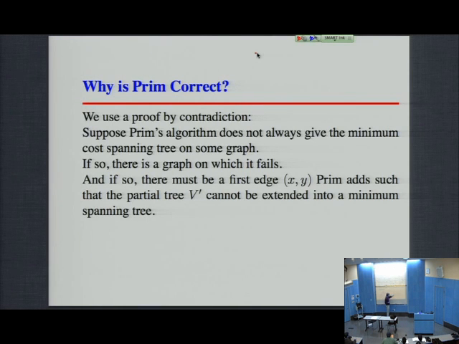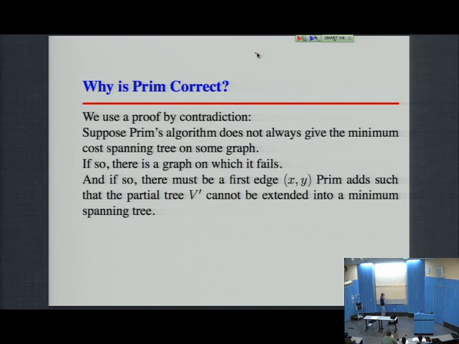The cheapest thing adjacent to me is this. The cheapest thing adjacent to me is this. The cheapest thing adjacent to me is that. Does everybody see that that's what Prim's algorithm is going to do? It's always grabbing the vertex that it can get to as cheaply as possible. So you agree on this example, Prim's algorithm is going to do the right thing, right?